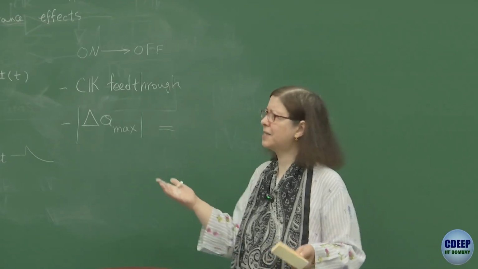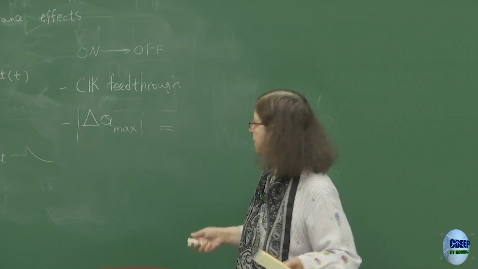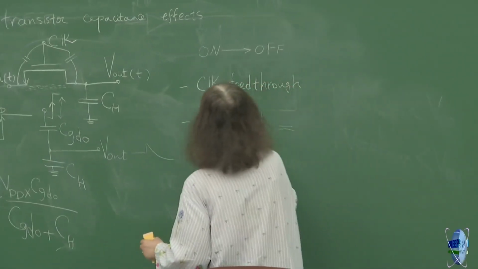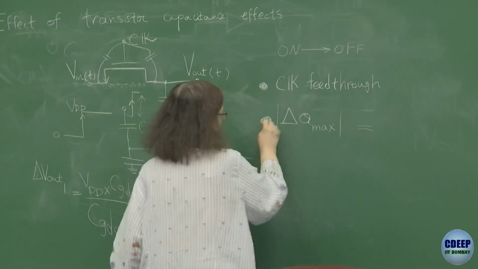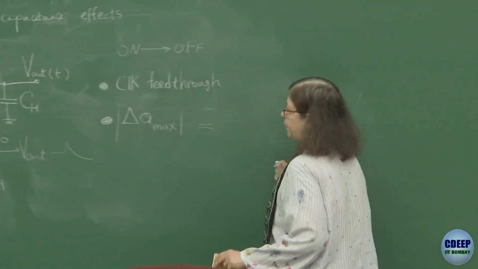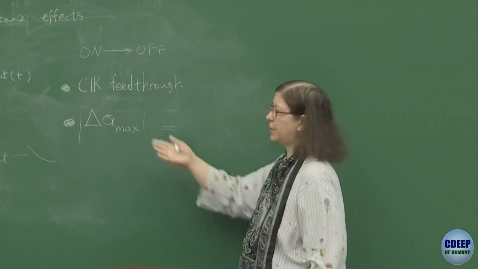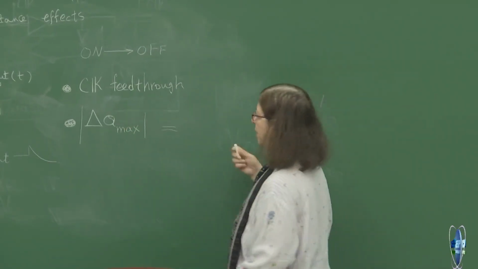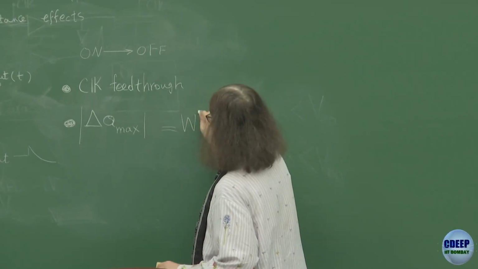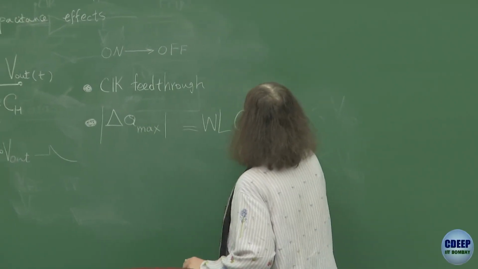It's the gate capacitance. So the worst case value, let me show it as a bullet item, otherwise it will look like a minus sign. So this is delta Q max, absolute value, because here we have electrons. So this will be W multiplied by L C ox.